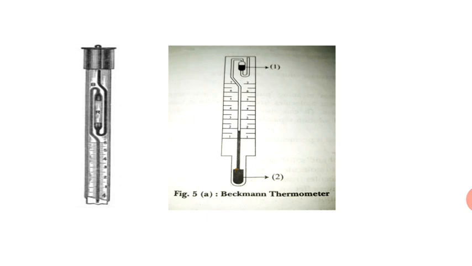It has two main parts, a lower mercury bulb and an upper mercury reservoir. The adjustment of the mercury level can be done by making the proper adjustment from the lower bulb to the reservoir. Let us see a brief about the Beckman thermometer.